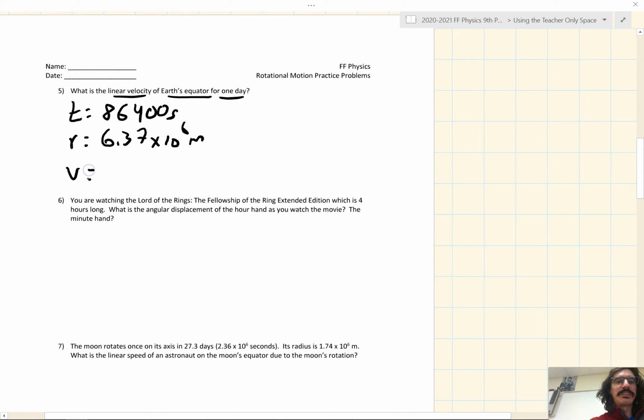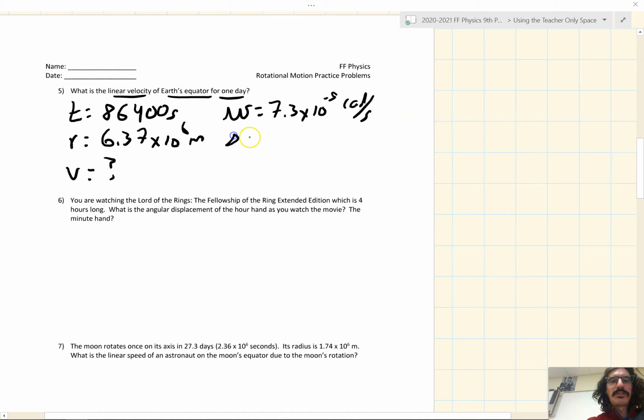We want to find what is its linear velocity. We know from the previous problem, we solved for omega, its angular velocity, and that was 7.3 times 10 to the negative 5 radians per second.